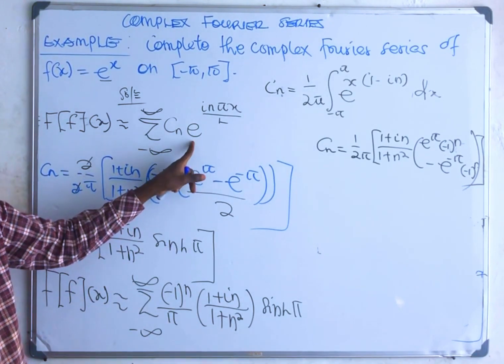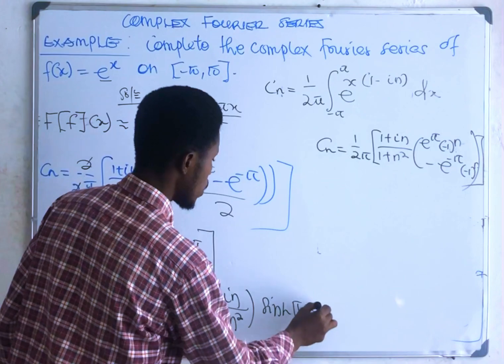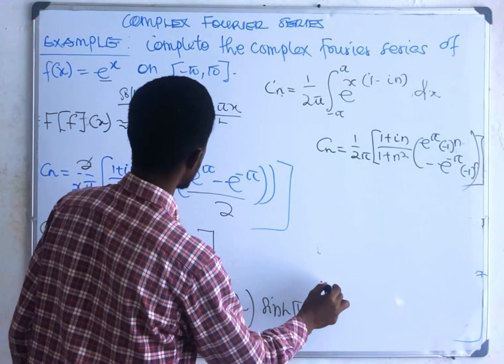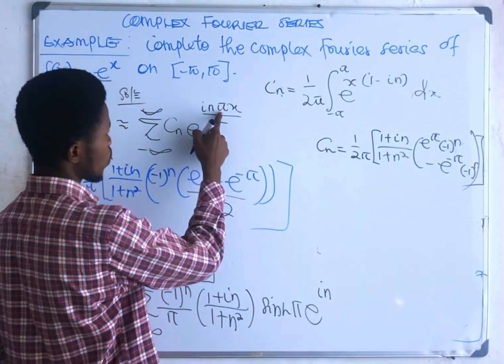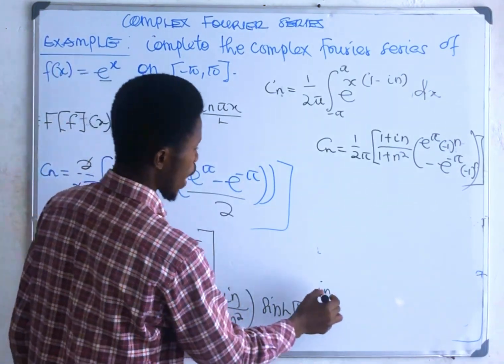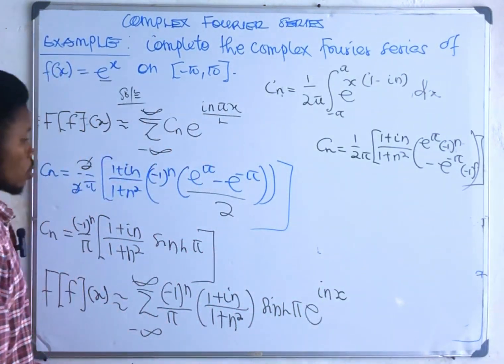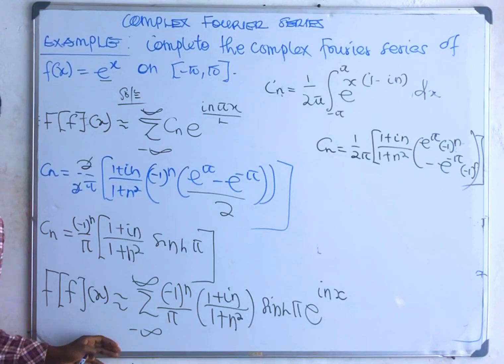After this, remember there is e here, e to the power inx. Now this pi will not come again because the L is also pi. In x. So this becomes our final answer to the question.